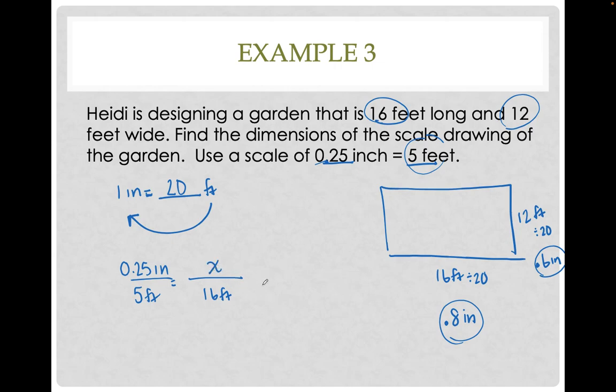We have to put an X and then solve it, and then we need to do another proportion for the second measurement, which is 12 feet is our width. So for both of those measurements, you need their own proportion. And then if you solve each one of those, of course, you get the same answer. 0.8 inches and 0.6 inches.